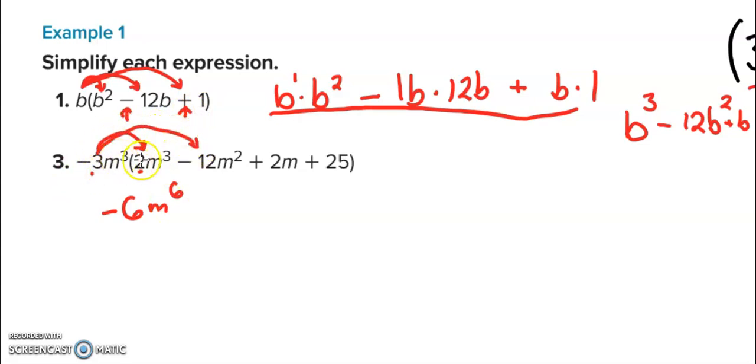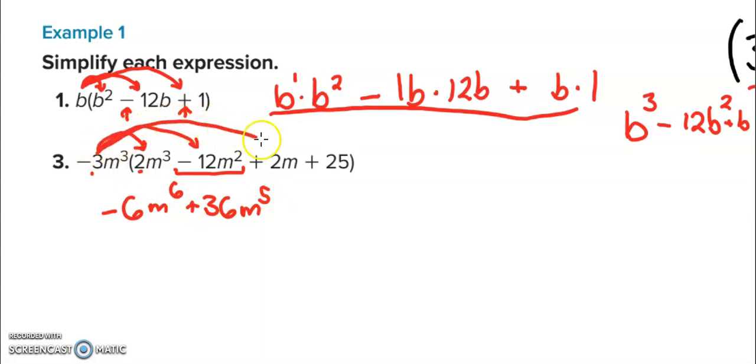Okay, and then we do the next thing. Negative 3m to the third times negative 12m squared. We always keep the sign that's ahead of this thing with that thing. So negative 3 times negative 12 is a positive 36. Negative times a negative is a positive. M to the third times m squared is m to the 3 plus 2, or m to the 5th.